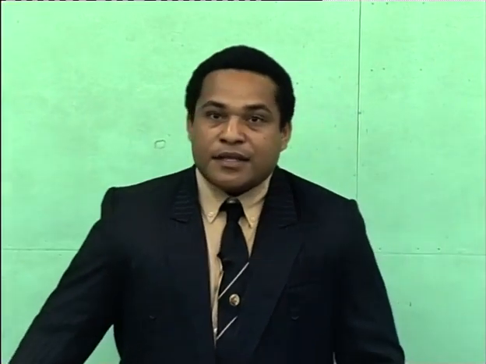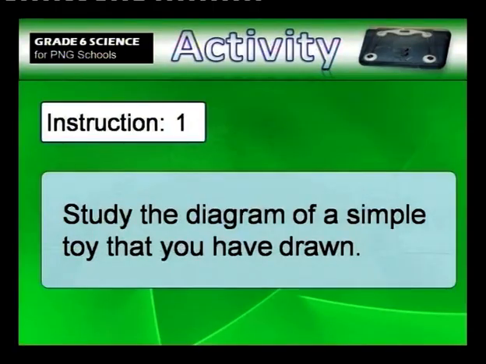All right, let's get straight to our activity, receiving students and 6C. Now, let's look at instruction number 1. Since we are constructing a model, first of all, you will study the diagram of a simple toy that you have drawn.